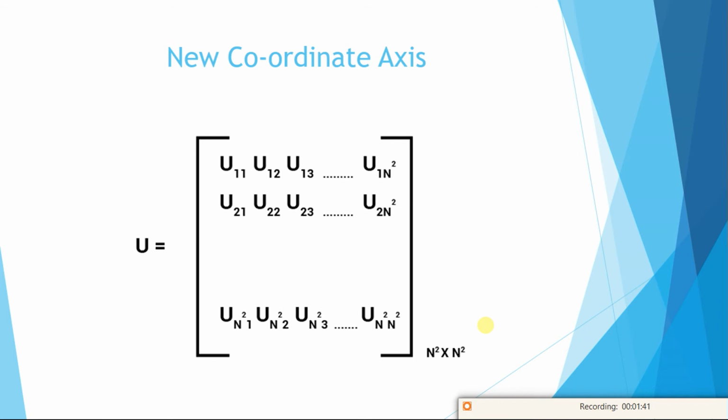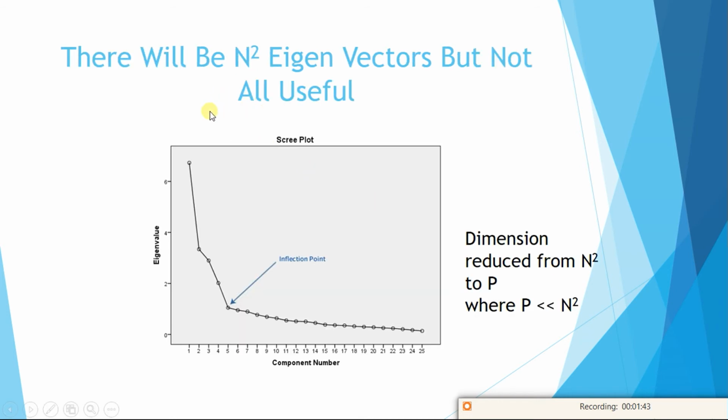If we draw a graph of eigenvalues, we see that eigenvalues decrease rapidly: the eigenvalue for the first vector is very high, then the second is lower, the third lower, the fourth lower. After some point there is not much variation in the direction of that eigenvector, meaning only the first few eigenvectors have maximum variation.